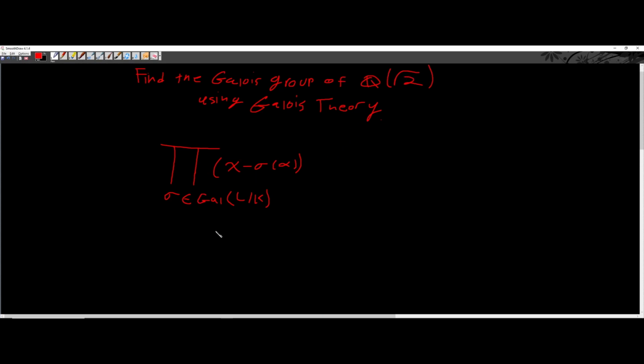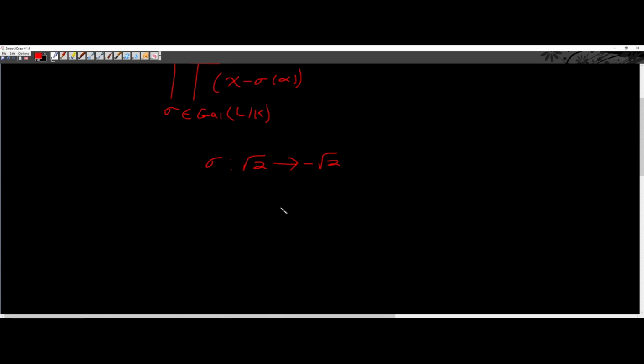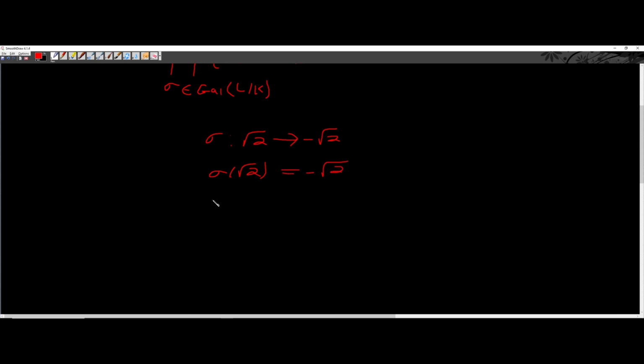this field extension. To do this, we're going to let sigma map square root 2 to negative square root 2. That means that if we apply sigma to square root 2, we get negative square root 2.